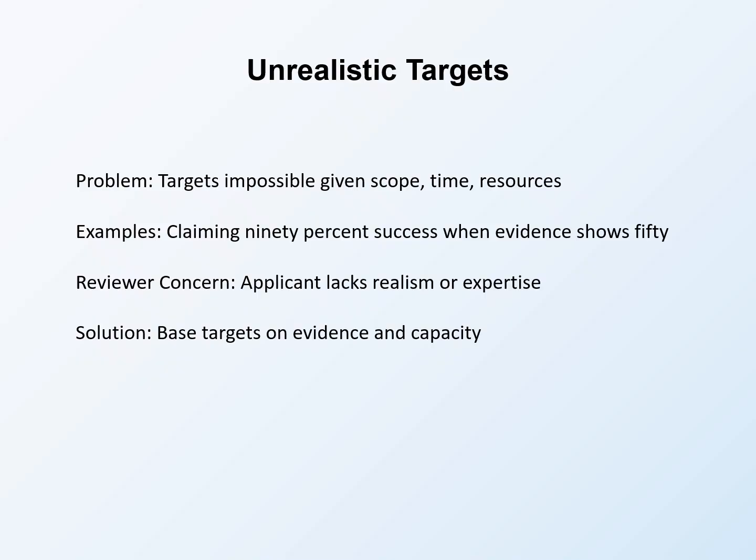Reviewer concern is that the applicant lacks realism or expertise. Unrealistic targets suggest either inexperience or desperation. Neither inspires confidence. The solution bases targets on evidence and capacity. What have comparable programs achieved? What can your organization realistically accomplish? Set ambitious but defensible targets.